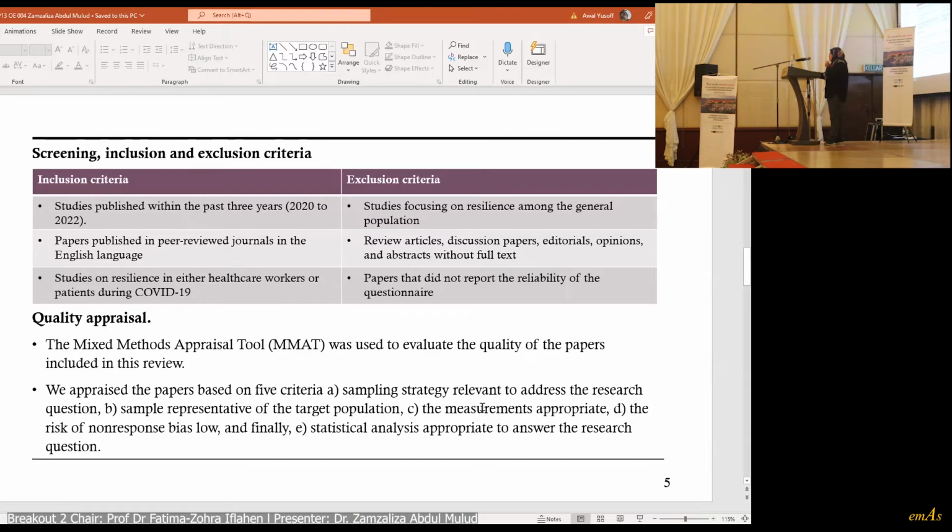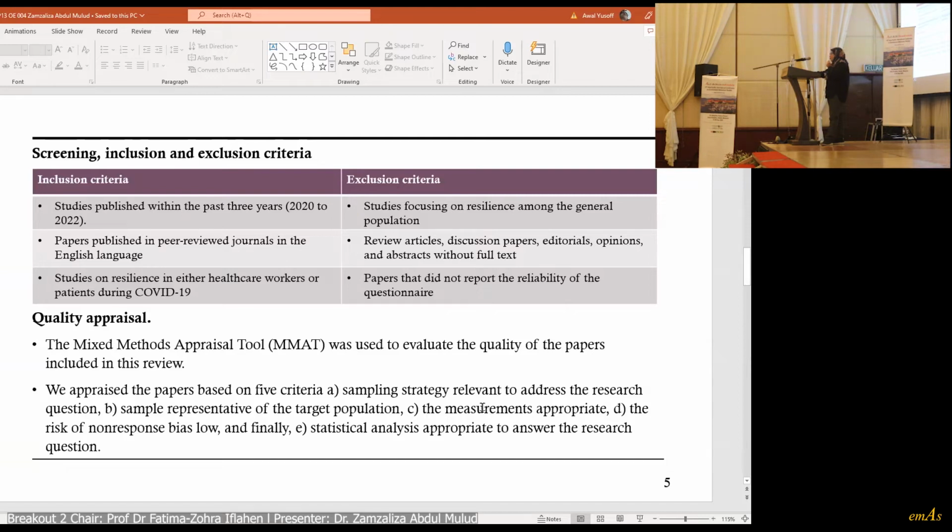We excluded studies conducted among the general population, for example among university students and adult populations, and all review articles, discussion papers, editorial opinions, and abstracts without full text, as well as papers that did not report the reliabilities of the questionnaires.